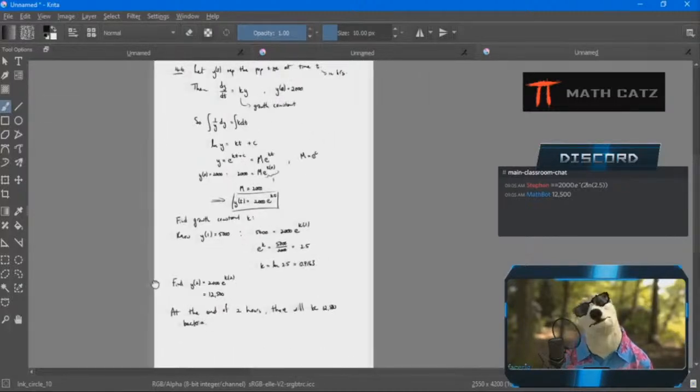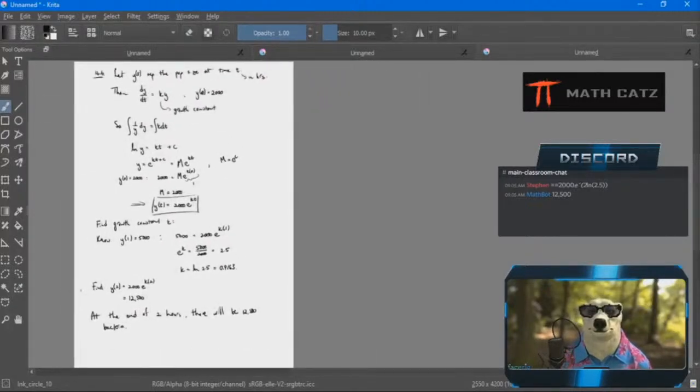Zoom out some more. So there's my question. Just to prepare for any variation in a test question, I start by translating the information into a differential equation over here.